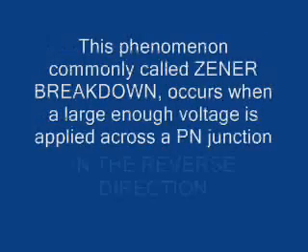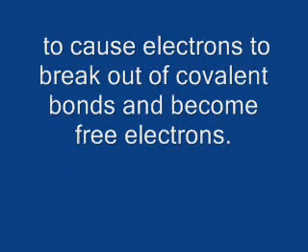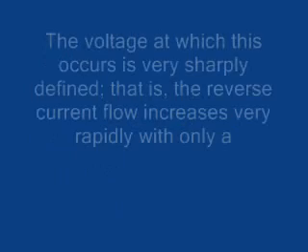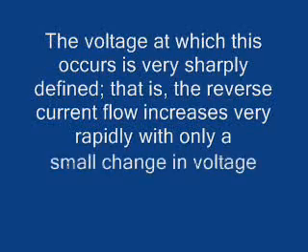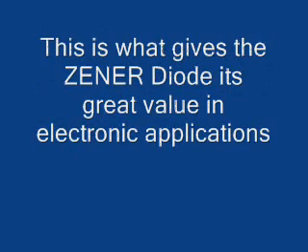This phenomenon, commonly called Zener breakdown, occurs when a large enough voltage is applied across a p-n junction in the reverse direction, causing electrons to break out of covalent bonds and become free electrons. The voltage at which this occurs is very sharply defined. That is, the reverse current flow increases very rapidly with only a small change in voltage. This is what gives the Zener diode its great value in electronic applications.